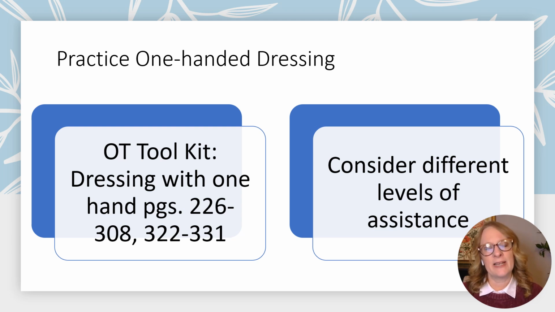And if someone has a visual impairment, then the setup and the strategies are going to be different because they may not be able to identify the shirt, or if they do, you might see that they turn it the wrong way and they try to put their head in a sleeve and things like that. So, keeping in mind that you're going to have this basis of a strategy, but then you're going to need to modify your approach for your client's ability.